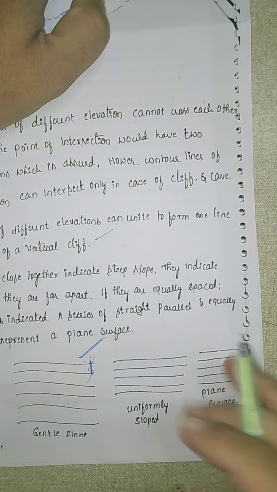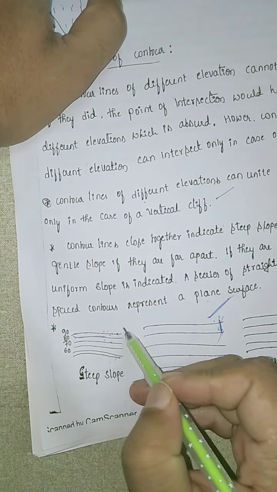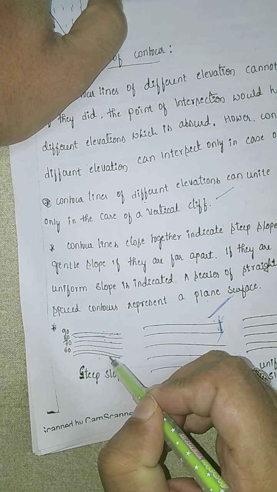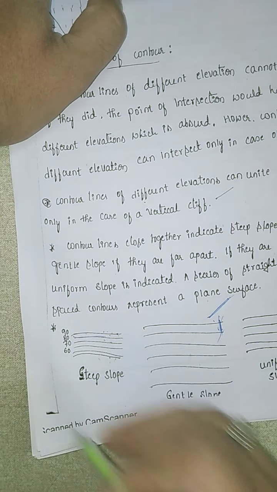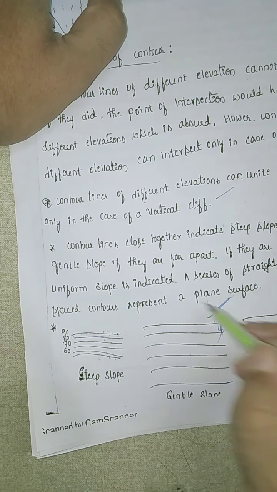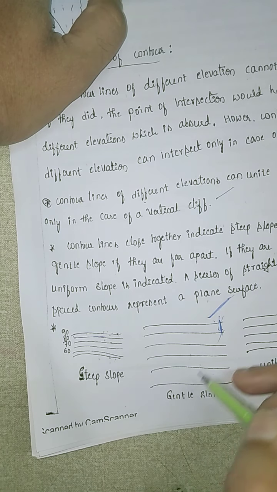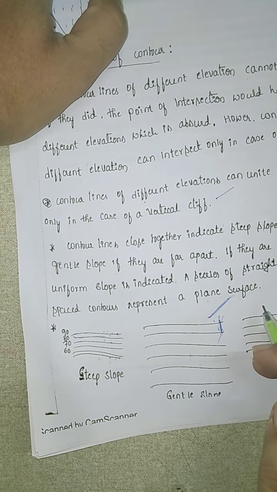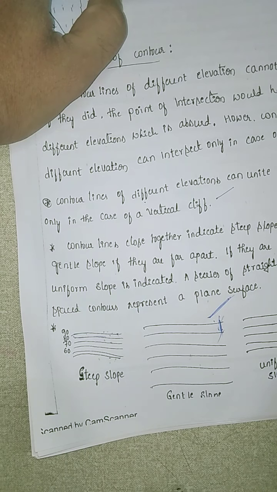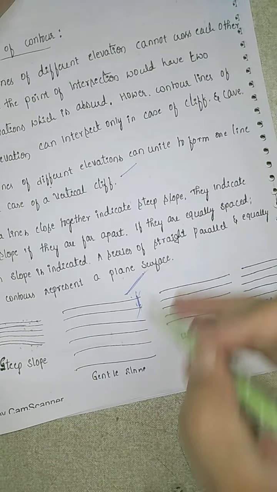I'll repeat this. If the contour lines are close to each other, they represent a steep slope. If they are far apart, they represent a gentle slope. If they are equally spaced, it is a uniform slope.